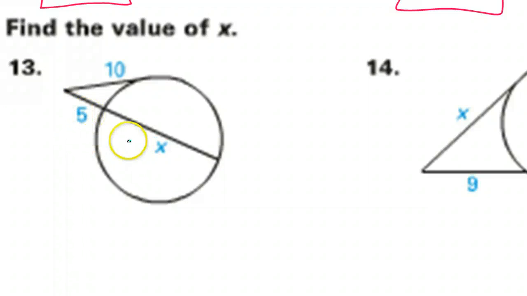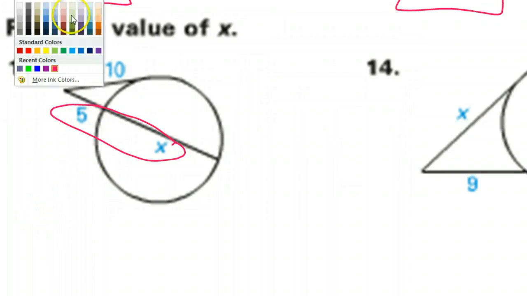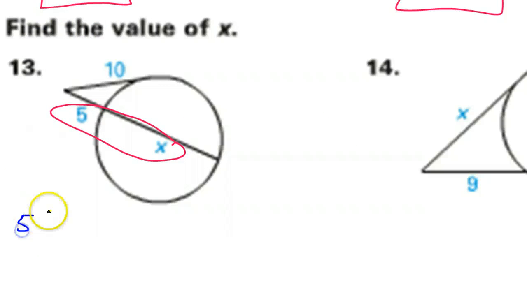Alright, look, for number 13, we're still doing part times whole because it's still poking outside of the circle. And the outer part still has to be the part when I say part times whole. So part times whole, using the lower two numbers first, would be 5, that's the part, times the whole thing, which is x plus 5.